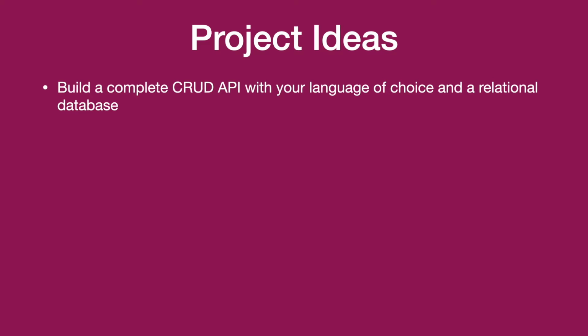CRUD is create, read, update, and delete. This is the most basic form of an API. So go ahead and use the knowledge you have of your new backend framework and create a complete CRUD API with the language that you chose and the relational database that you learned in step 2.